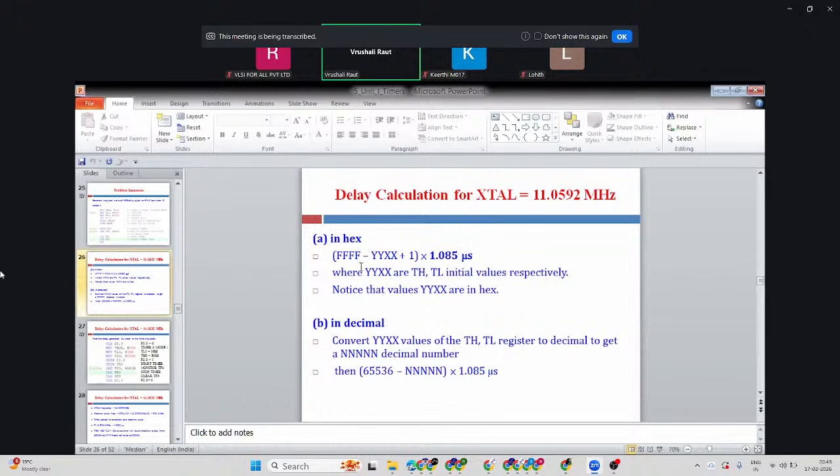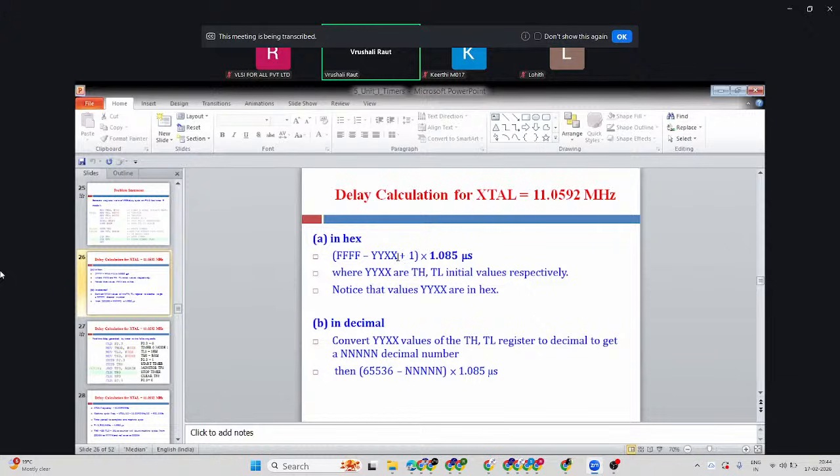So while going for the delay calculation, what do you have to do? FFFF minus this value, we have to compute this value plus 1, because along with making the value FFFF, we have to roll over to 0000, right? That's why this plus 1 is here, multiplied by that time, and that has to be loaded in the timer register.